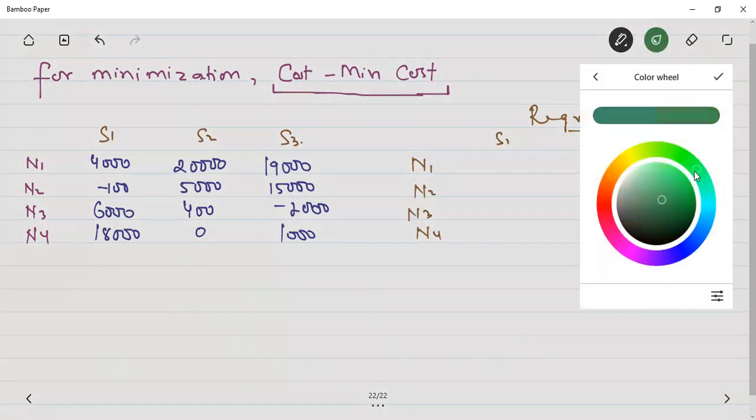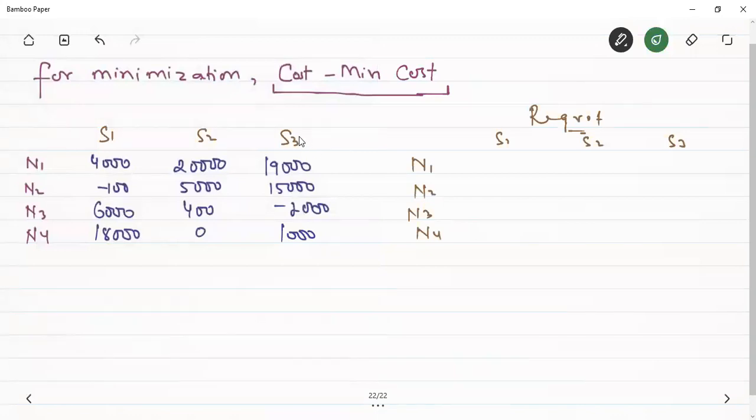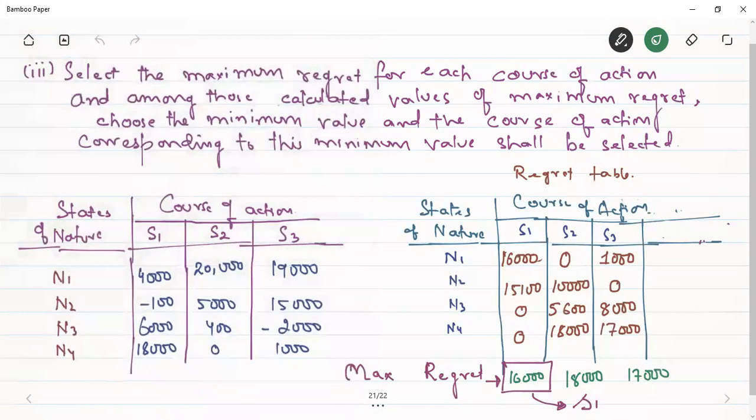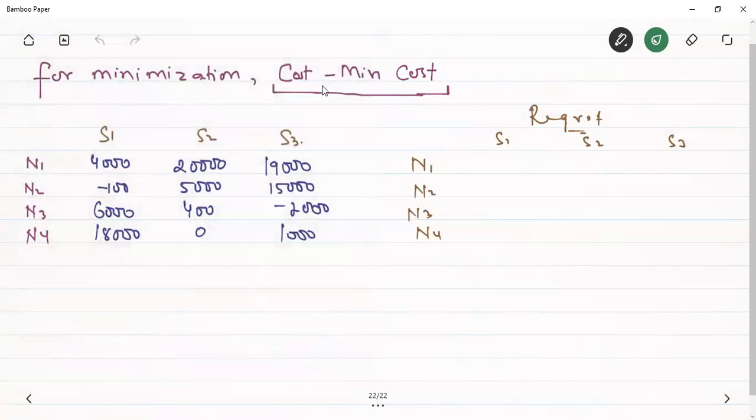To find the regret table in the case of minimization, we have to select the minimum. The regrets will be calculated by this formula, that is cost minus minimum cost. In the previous case, we had to subtract each payoff from the highest payoff. Now we subtract the minimum cost from the cost.